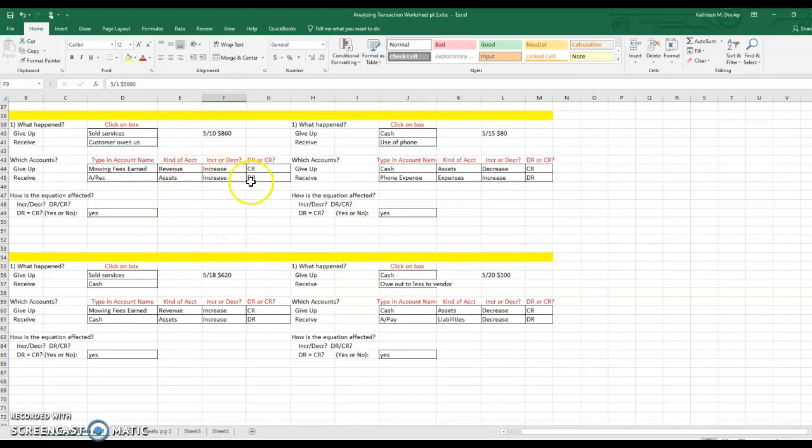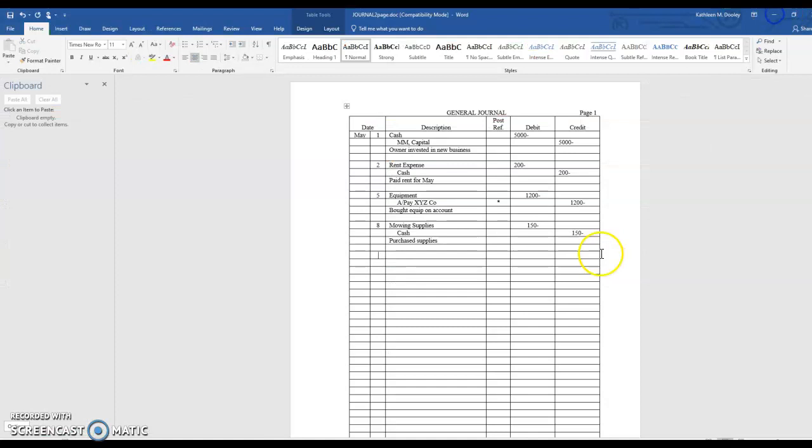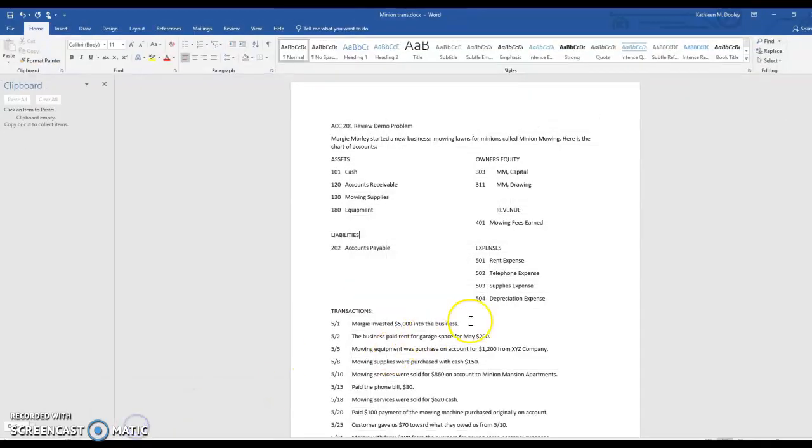Okay, we're debiting accounts receivable, crediting mowing fees earned on the 10th for $860. Now, once again, we have an accounts receivable, so I have to know who is the customer. Okay, so I look up here. And that was Minion Mansion Apartments.